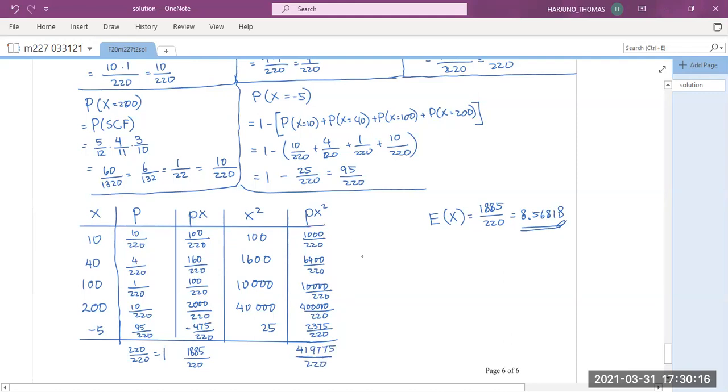Now then the variance of x will be 419,775 over 220 minus 1885 over 220 being squared.